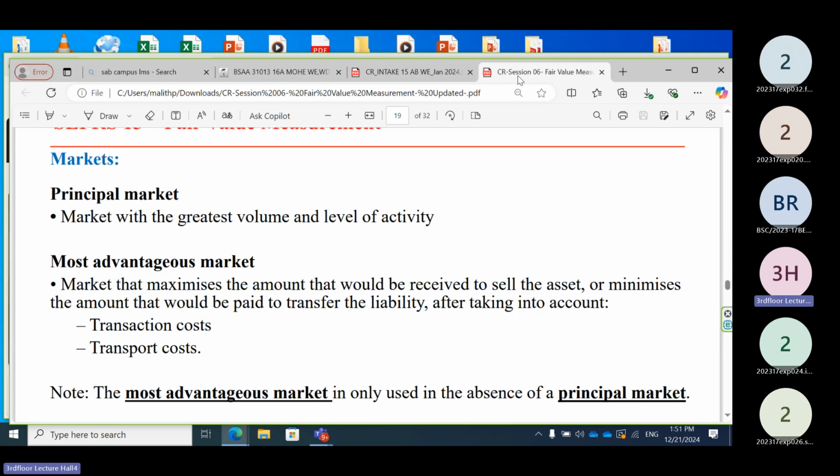Someone asked from you, here there are two: transaction cost and transport cost. You are getting transport cost, but you are not getting transaction cost. What's the logic behind that? That's the question you should answer.